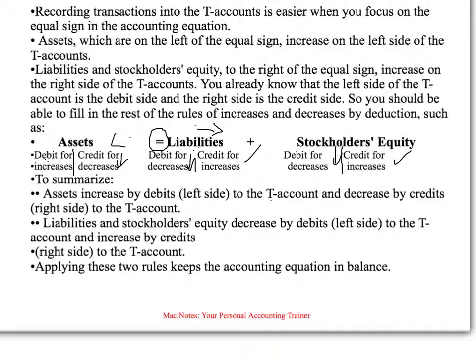If we record it on the right side, that means it's a decrease. The opposite is true of liability and shareholders' equity. That is, we record any increases in liability accounts on the right-hand side and shareholders' equity accounts on the right-hand side, and any decreases on the left-hand side.